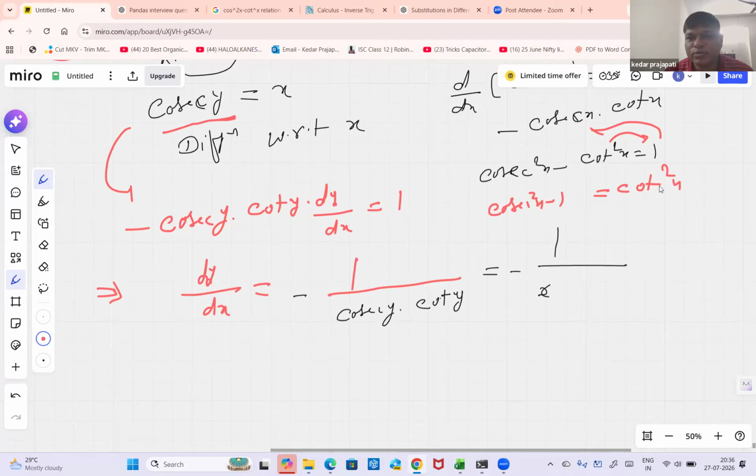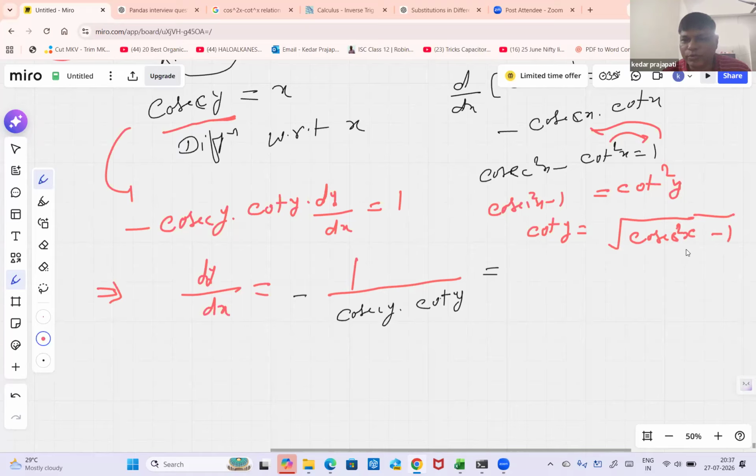So what will be cot y from here? Cot y will become root over cosecant square y minus 1.